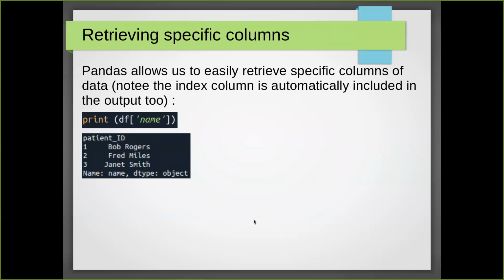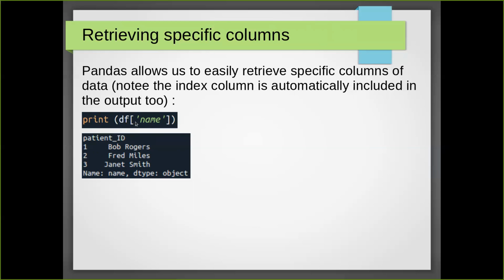We can also, as well as retrieving specific rows, specific entries, records within our data frame, easily grab certain columns. So let's say we wanted to grab all the names in our data frame. Now what we can do with that is simply use, we don't have to use the loc command.